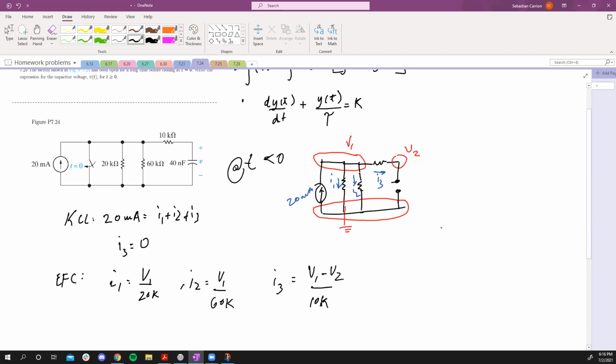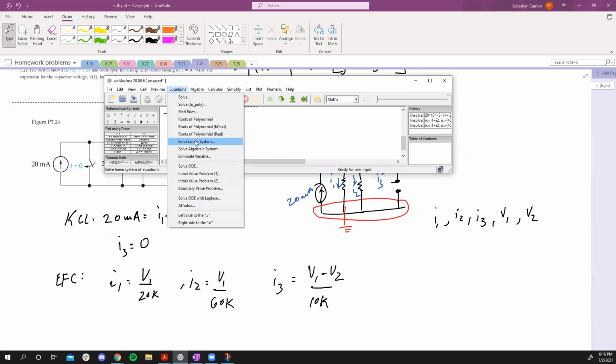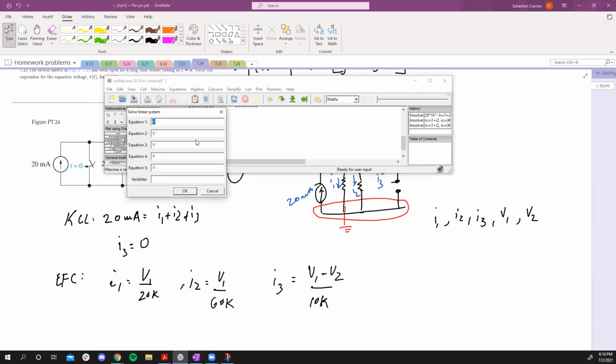So we have I1, I2, I3, V1, V2. So let's go ahead and use Maxima. 20 milliamp plus I1 plus I2 plus I3 equals 0. I1 equals V1 over 20,000.